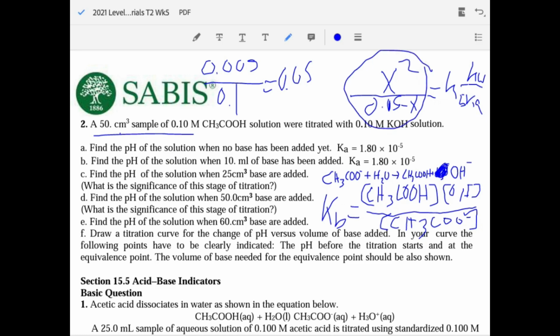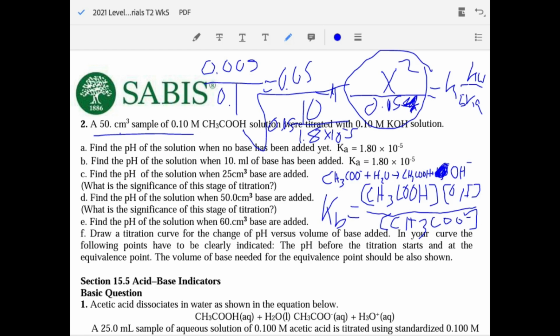So this is equal to 10 power minus 14 over Ka, so 1.8 times 10 power minus 5. Then you put it in your calculator, or for things not to get messy, you can take x as 0 in the denominator, because it's negligible compared to 0.05, and then x becomes square root of 0.05 times 10 power minus 14 over 1.8 times 10 power minus 5. So that's 5.27 times 10 power minus 6 OH minus.